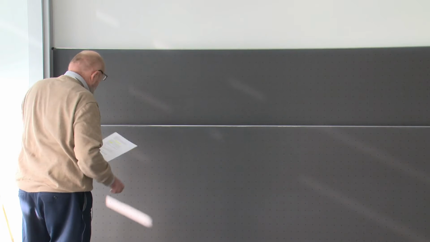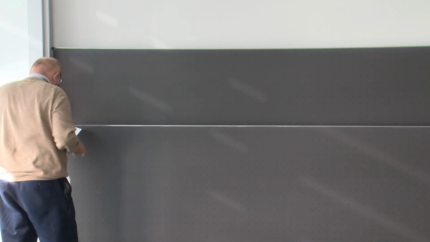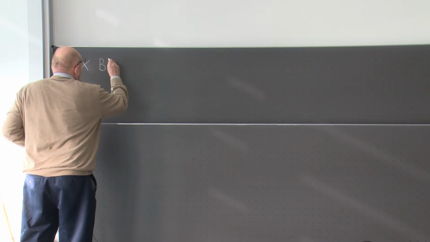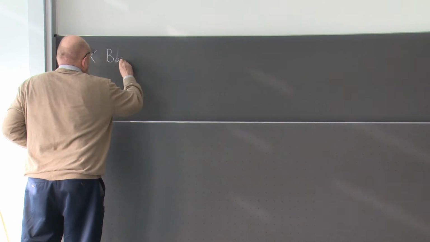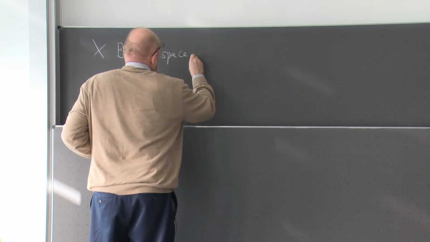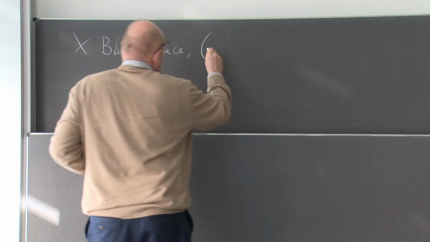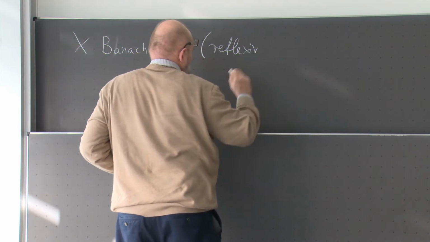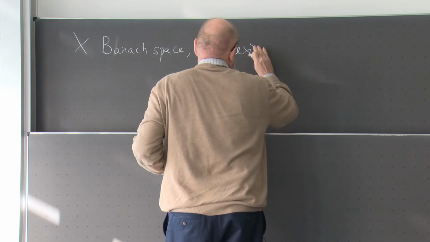So this we can also do, but if we want a strong notion of an initial data, we need continuous functions. So the general situation is: X is a Banach space. If there are any doubts, it is also reflexive.